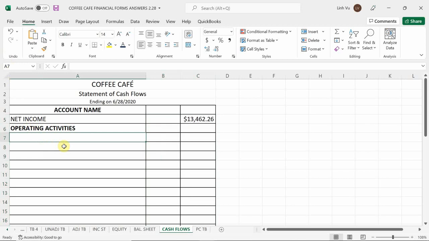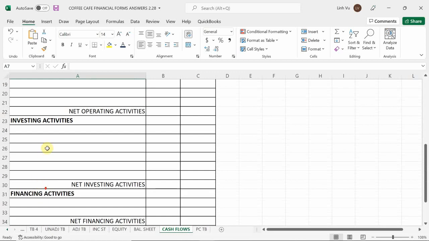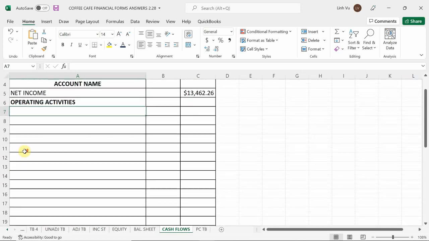Now, again, the statement of cash flows is broken into three categories: your operating activities, your investing activities, and your financing activities. Each one separates your balance sheet into specific categories.